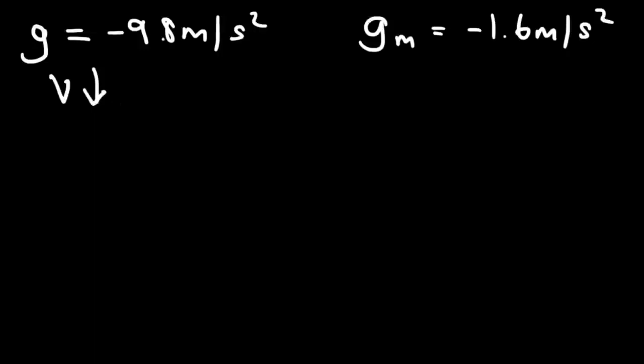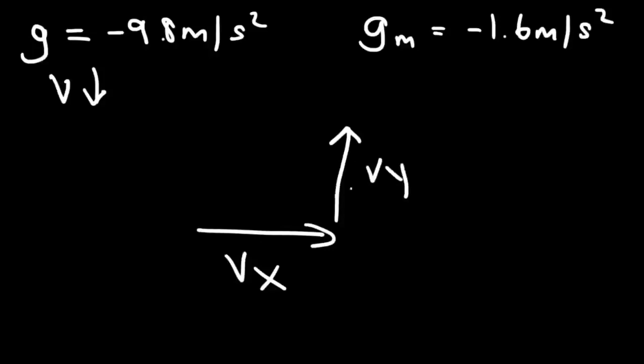Now, the gravitational acceleration of the Earth acts in the y direction and not in the x direction. And so let's talk about velocity. Velocity is a vector, and it can have an x component and it can have a y component.